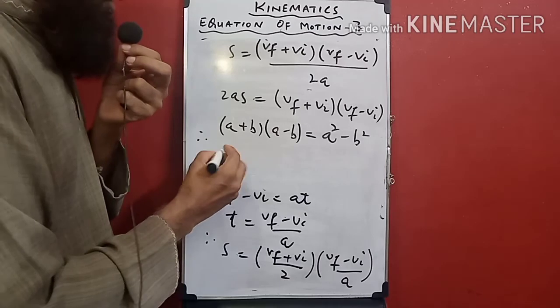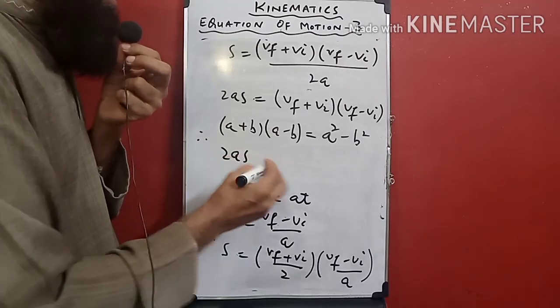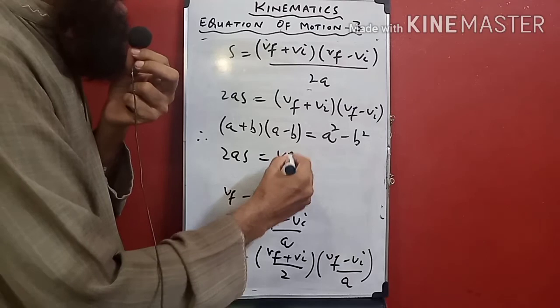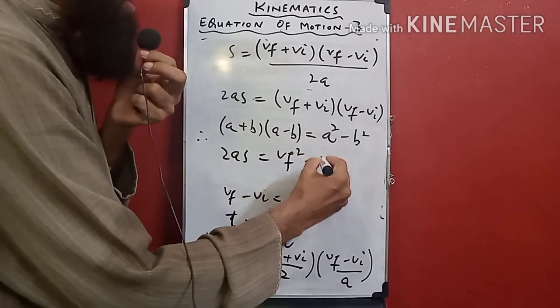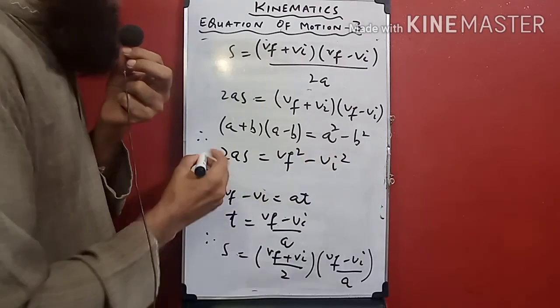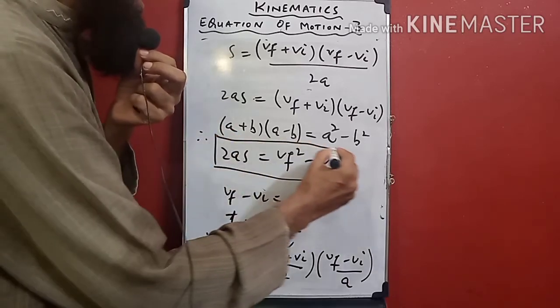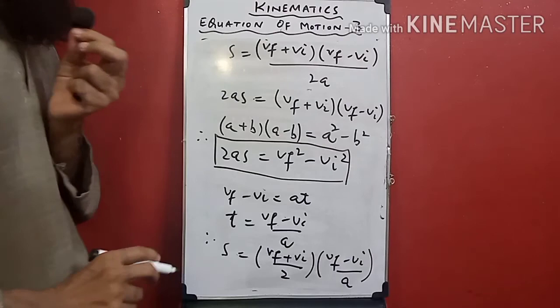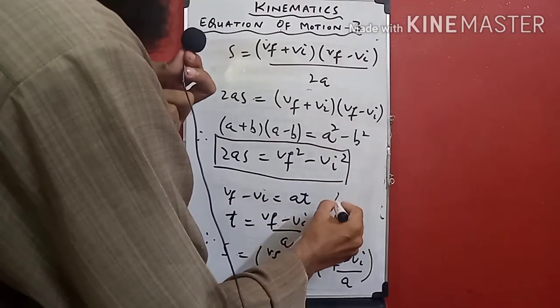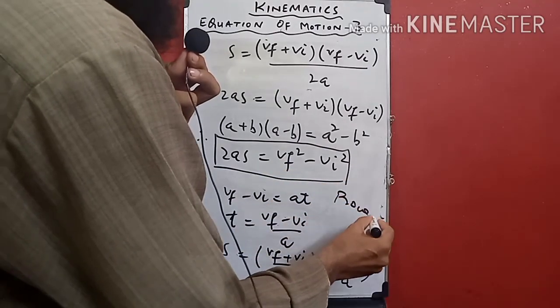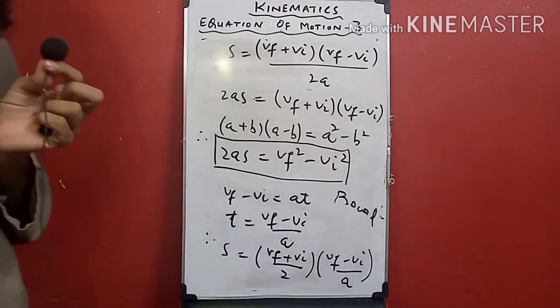Therefore, 2AS equals Vf square minus Vi square. This is the third equation of motion we obtained. Hence, it is proved there are three equations of motion.